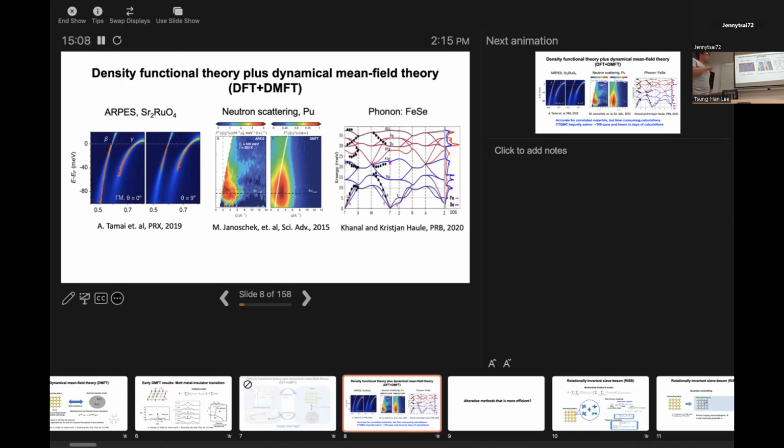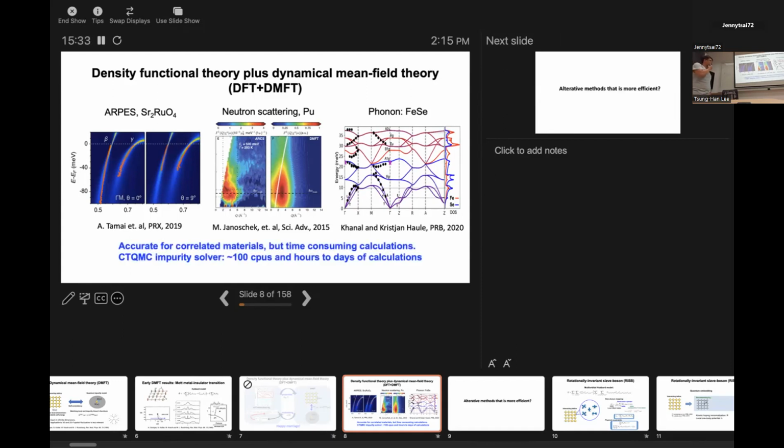And very recently, it is also possible to compute the phonons for this correlated iron-based superconductor. And the dots here are the experimental observation. And here we again see that DMFT captures quite reliably the phonon dispersion in this iron-based superconductor.